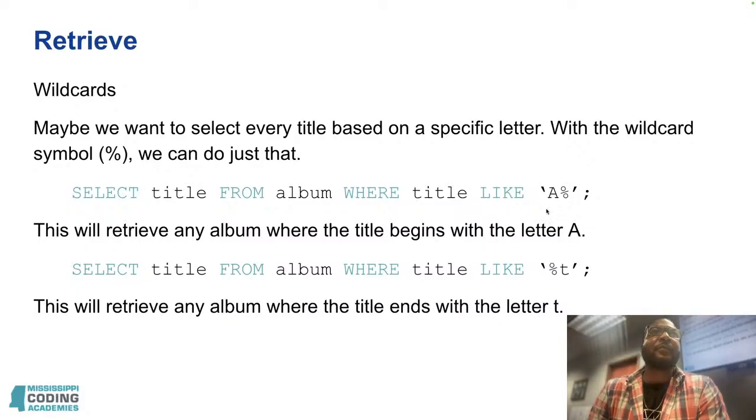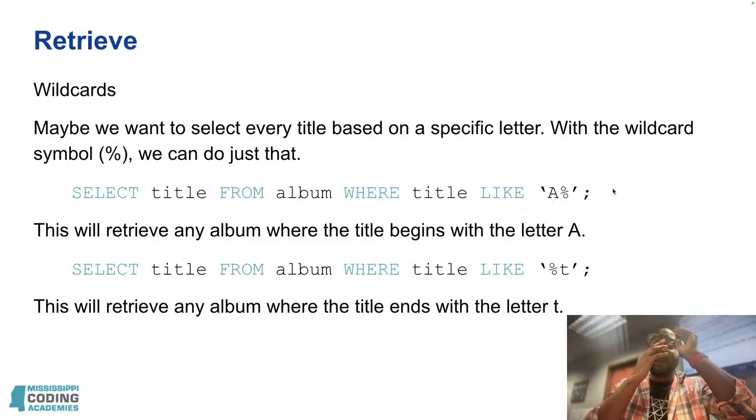Then we add whatever letter, and then this percent symbol is a wildcard symbol in SQL. That means it could be anything. Here, what we're saying is select title from album where title like A. In other words, the first character in the title is A, and then anything after it doesn't matter.